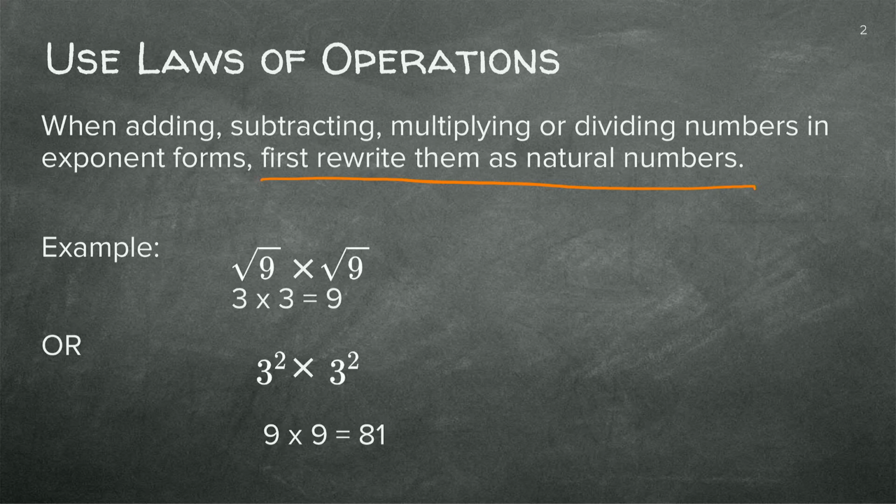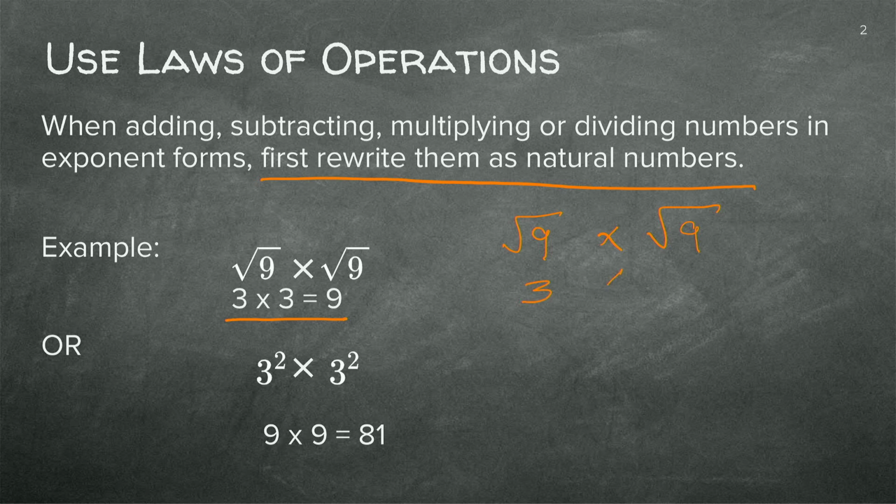So when they ask us, for example, the square root of 9 times the square root of 9, it sounds so difficult. But we can easily rewrite it in its natural number. Square root of 9 is 3, times 3 gives us 9. I'm going to rewrite it to make sure that you get it. Square root of 9, so it's easy.